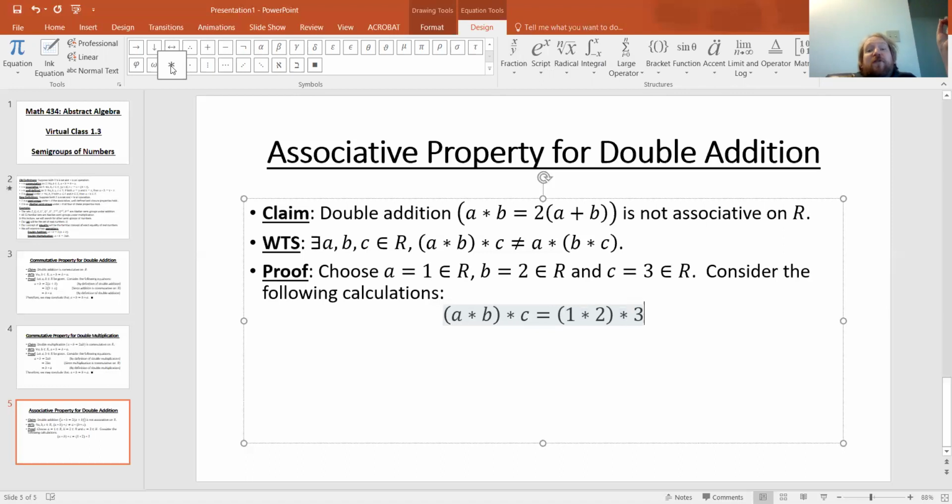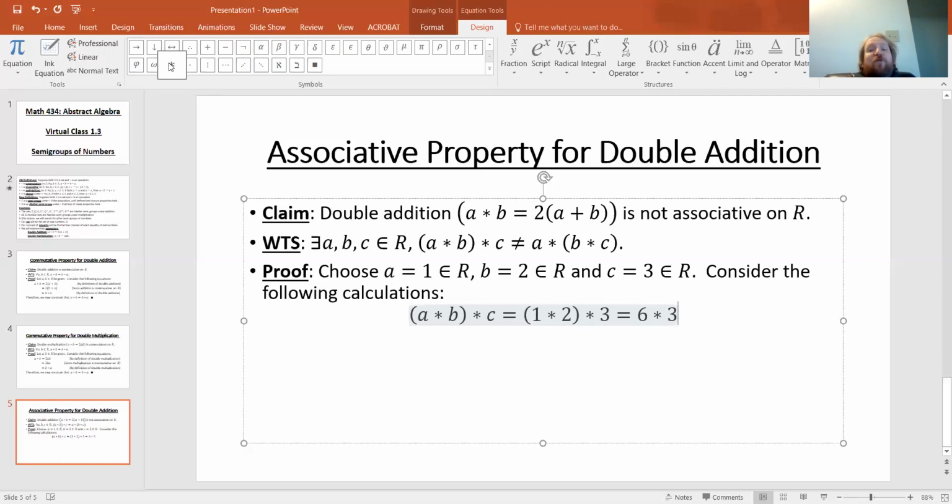Remember, the parentheses tell you which operation to do first. So when it is parenthesized like this, I am doing 1 star 2 first. I am adding them and doubling it, which is the formula for double addition. So 1 plus 2 is 3, doubled is 6. That means 1 star 2 is 6. So this is going to equal 6 star 3.